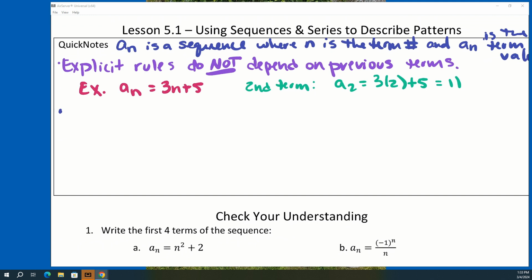Thank you. All right, and then the other type of rule is recursive. And recursive rules do depend on previous terms.